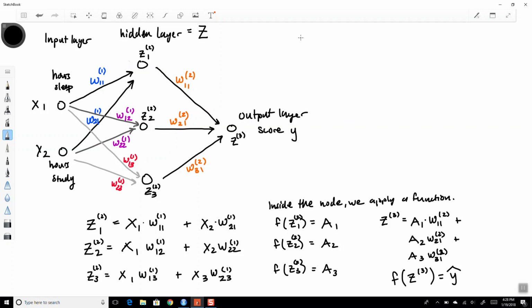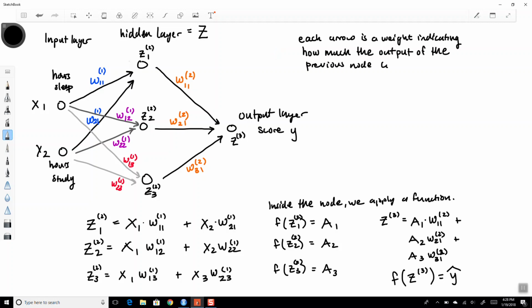So, just summarizing everything. Each arrow is a weight indicating how much the output of the previous node counts towards the next node.